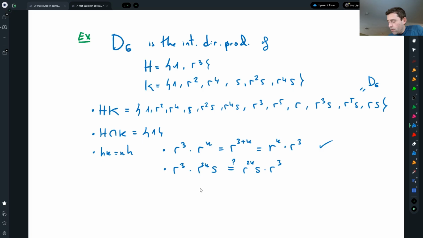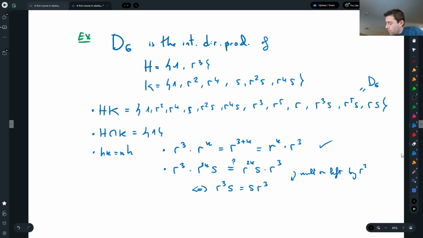Well, this is if and only if I can divide actually both sides on the left. I can multiply by R to the 2k and get that R cube is R cube, right? And here I can multiply on the left by R to the minus 2k to get that these two things are equivalent.